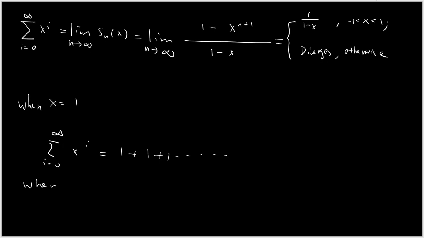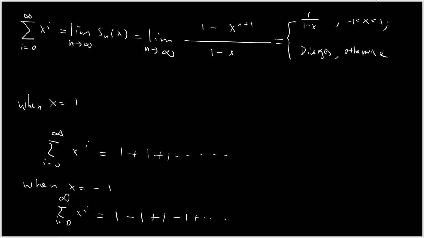So now let's say when x is -1, the series from 0 to infinity becomes, the initial term I believe is 1, right? And then the next term is -1. The term after that is +1. The term after that is -1. And you keep on going. Okay. You see it's divergent.